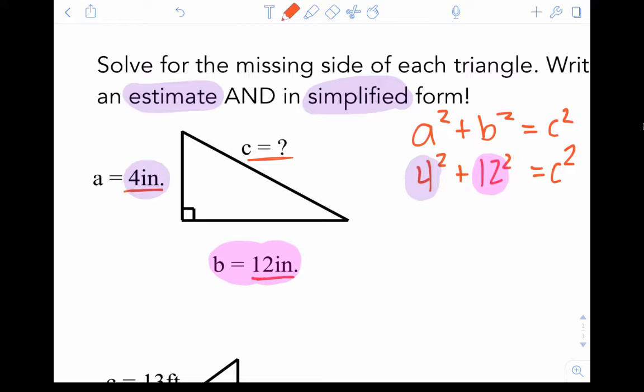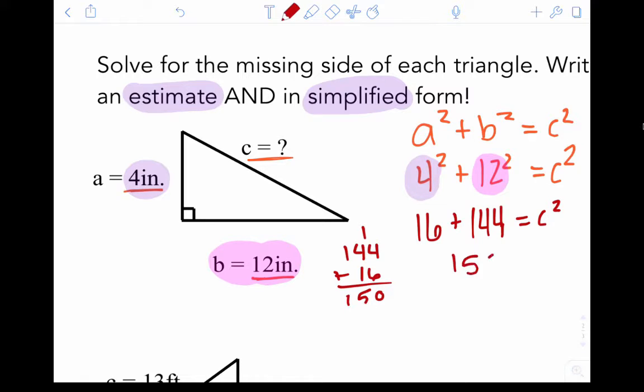And now I'm going to solve this. So I have 4 squared, which I know is 16, and 12 squared, which I know is 144, and that's equal to C squared. 16 plus 144, if I don't know what that is, I can go over to the side and write that out. 4 plus 6 is 10, 5, and 1.